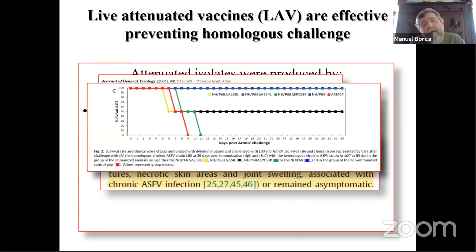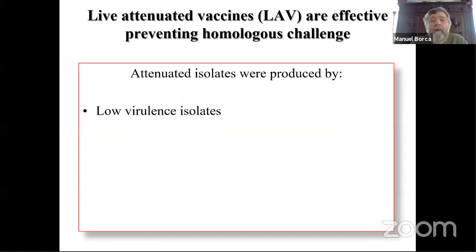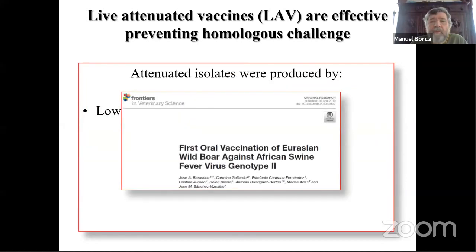Now, again, the problem with this virus, as with the other one, was the residual virulence, a problem that cannot be easily solved. The last virus that I'm going to give as an example is also a natural isolate, also non-hemadsorbing.